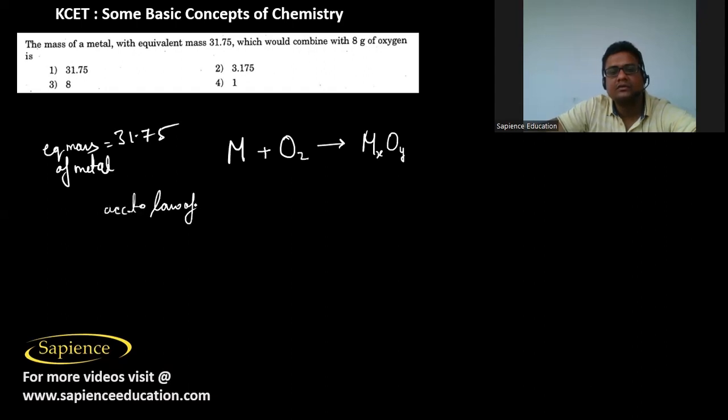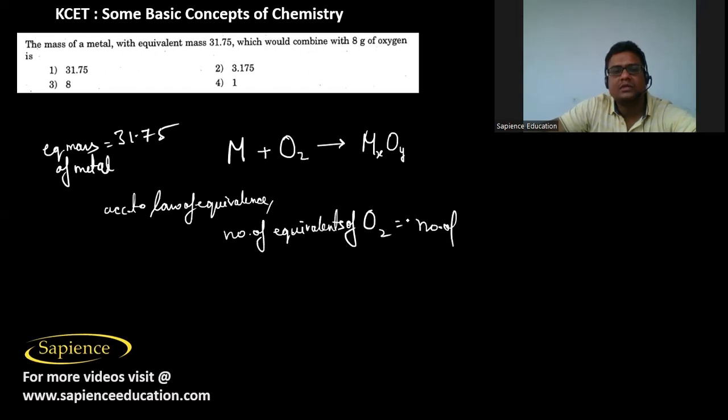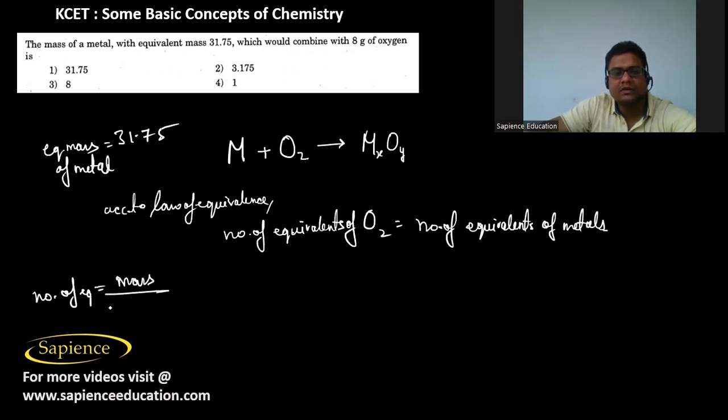So according to the law of equivalence, we can say that the number of equivalents of oxygen is equal to the number of equivalents of the metal. Now number of equivalents is obviously equal to the given mass divided by the equivalent mass.